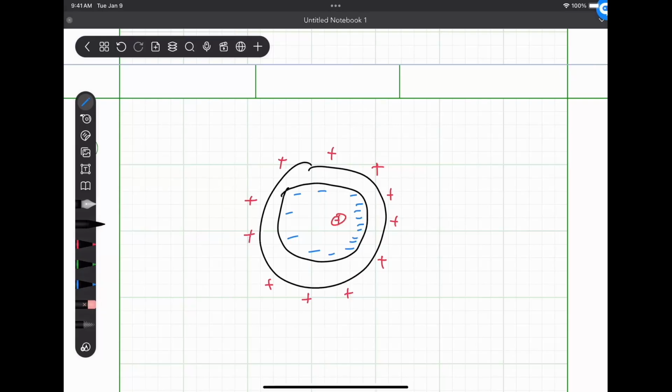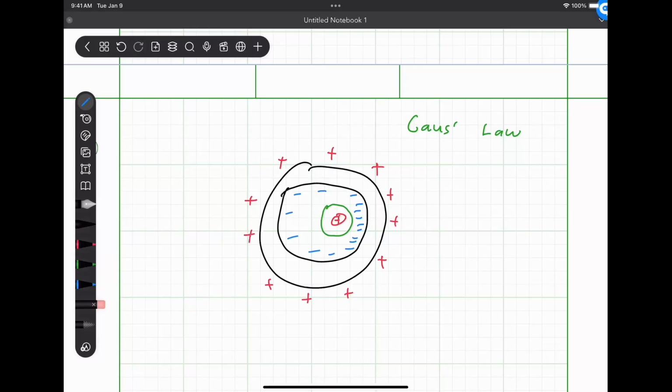So let's take our shell, I'm going to use green. And I'm going to draw a concentric sphere around this charge, okay? And what that tells me is that there's an E field that's leaving the Gaussian surface with the charge of positive Q or whatever.